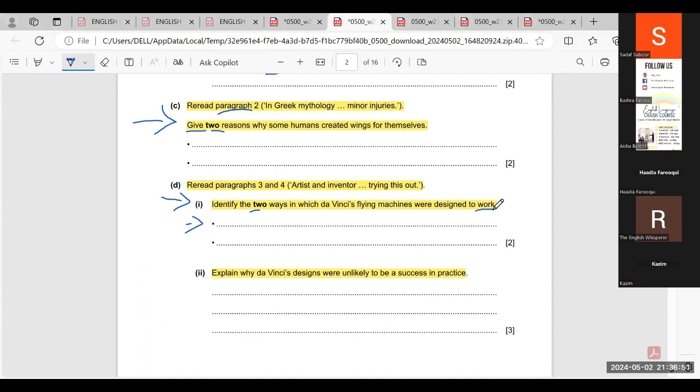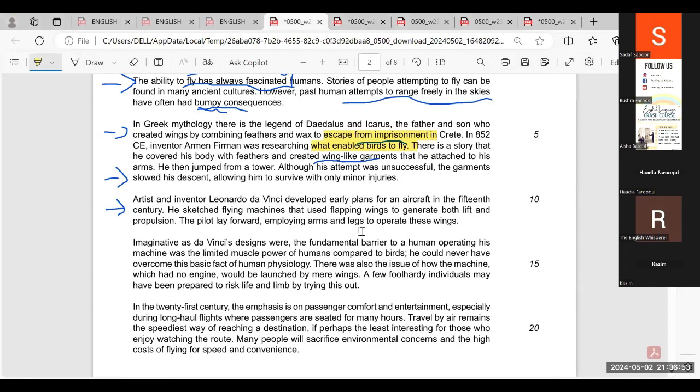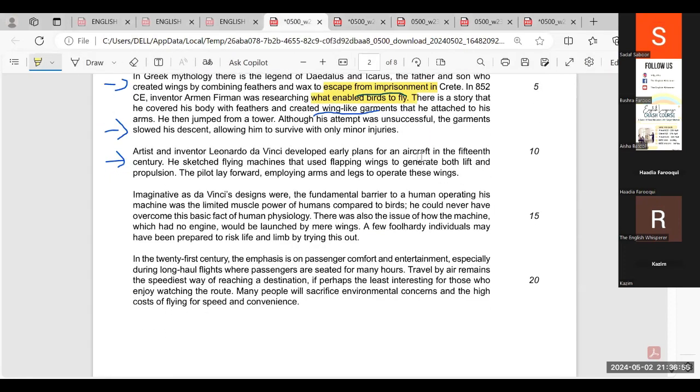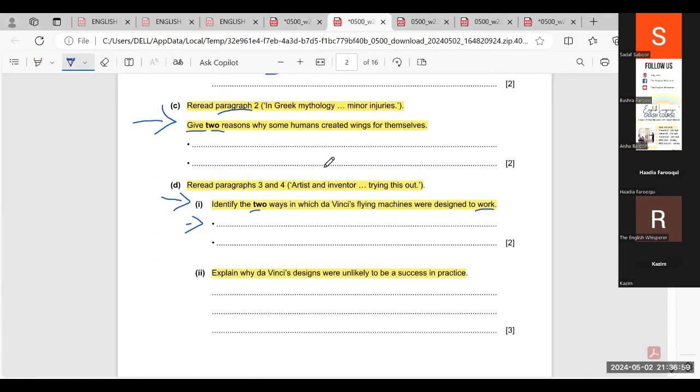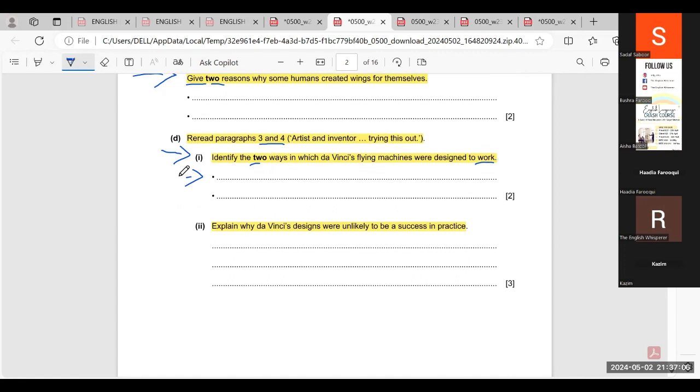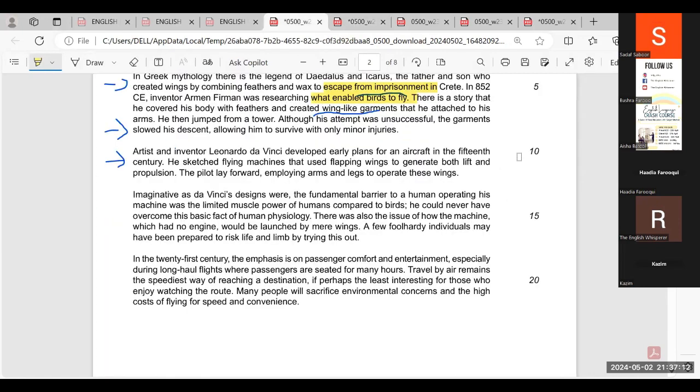So we're looking at Da Vinci's machines. This is in paragraph 3 and 4, right? But if you look at it, there are 2 parts to the question. So read paragraphs 3 and 4. This is paragraph 3, this one. This is paragraph 4.